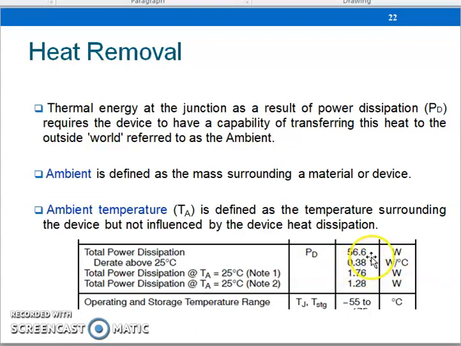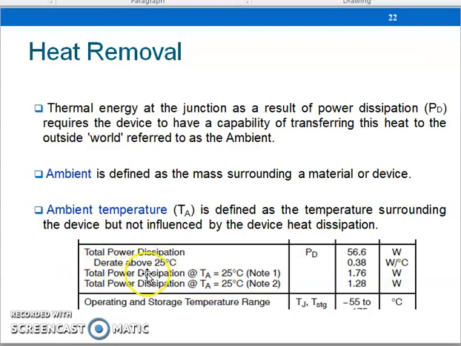This is provided that the case temperature is maintained at 25 degrees C. If the temperature rises more than 25 degrees C, beyond room temperature, you have to take note of this term.